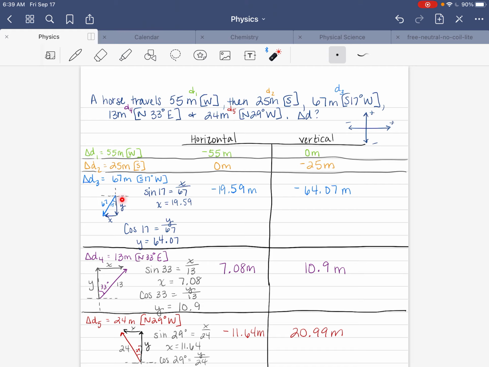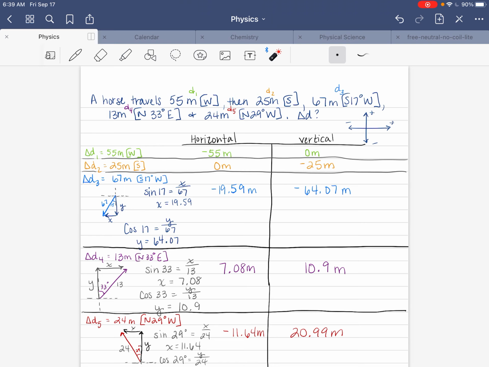In order to solve for x and y, I'm going to use sine and cosine. For x, because it's opposite the angle, I did sine of 17 degrees equals x divided by 67. I multiplied both sides by 67 to solve for x. Then for y, I did the cosine: cosine of 17 degrees equals adjacent, which is y, over my hypotenuse of 67. Again, I multiply both sides by 67 to get y by itself, and I get 64.07.